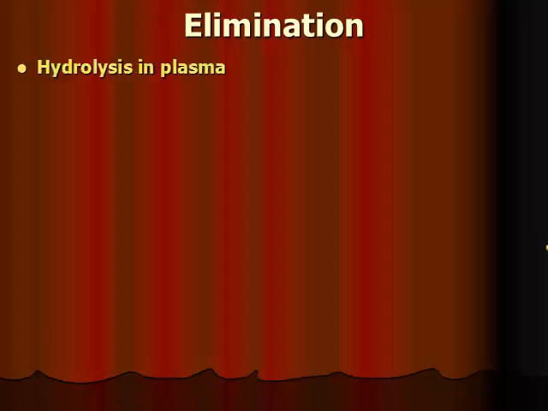The most rapid way of elimination is by hydrolysis of the neuromuscular blockers. This can occur by one of two ways. The first is enzymatic hydrolysis, and this is very fast, since the enzymes usually accelerate the chemical reactions.